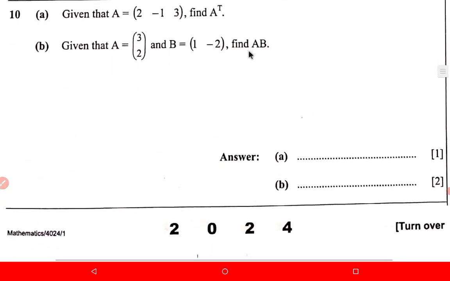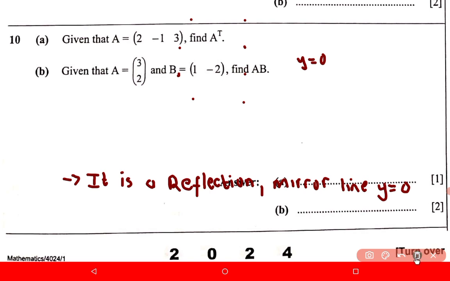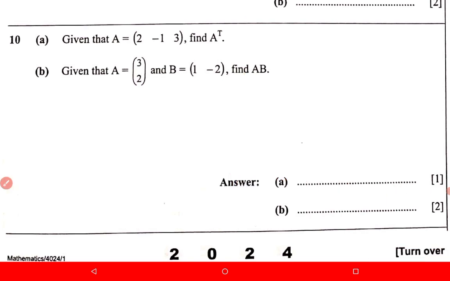Here we have a matrix type of question. Given that A is equal to 2, -1, 3, find A to the power T, that is A transpose. So we have the matrix A. The matrix A is given by 2, -1, then 3.